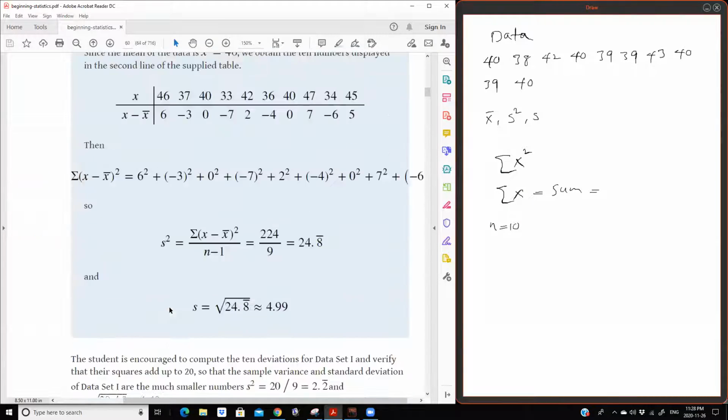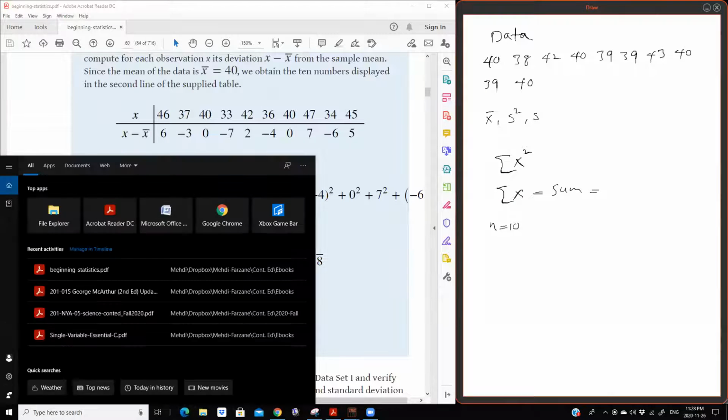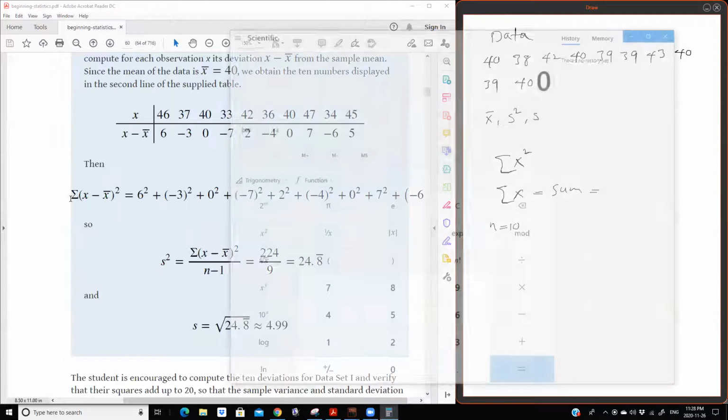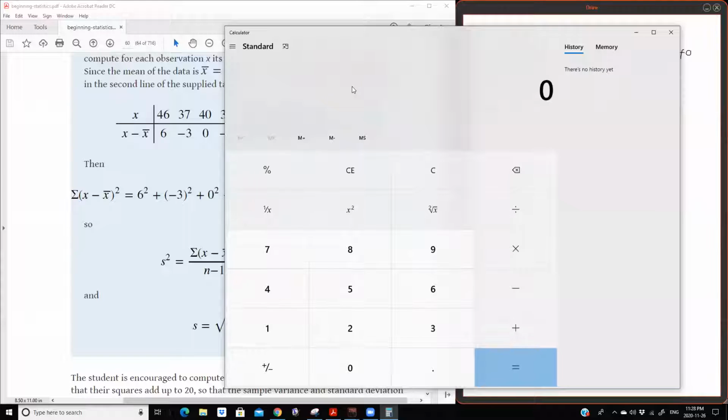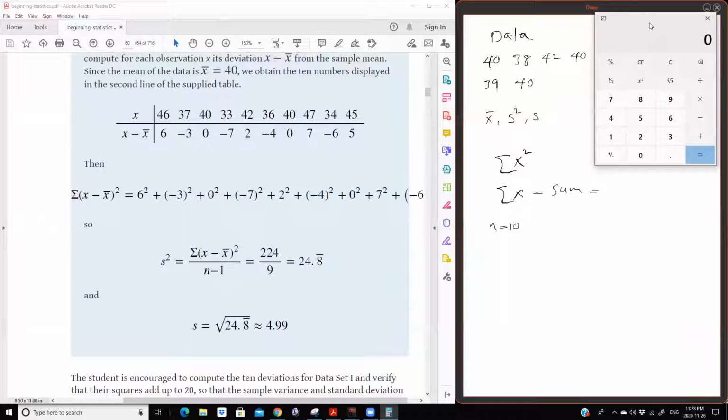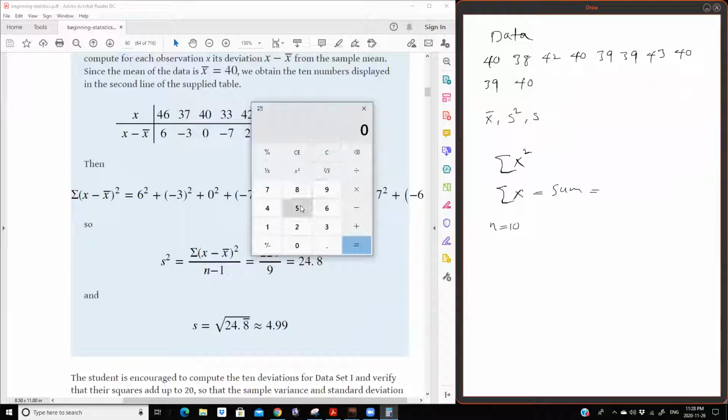I'm going to use a calculator to add them all up. 40 plus 38 plus 42 plus 40 plus 39 plus 39 plus 43 plus 40 plus 39 plus 40, that's 400.